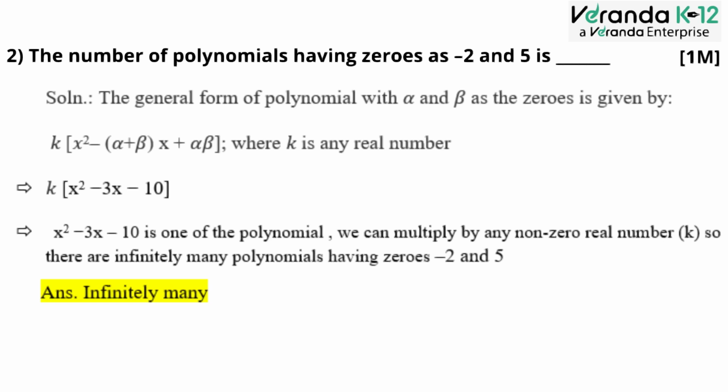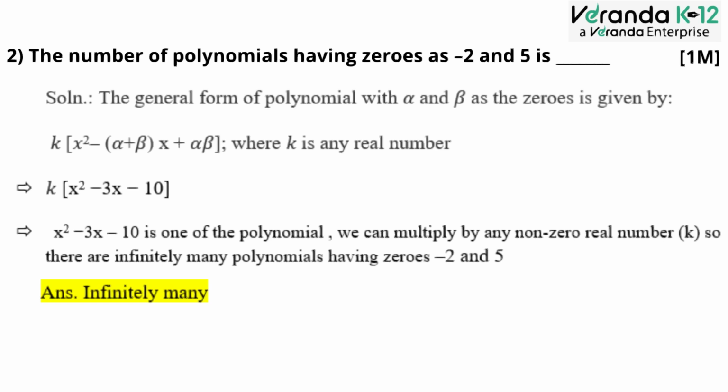But since we have the general form as k times the polynomial, where k is any real number, if we multiply this polynomial by any real number, we will get infinitely many polynomials whose zeros are same. That is the reason we get an answer as infinitely many polynomials whose zeros are minus 2 and 5.